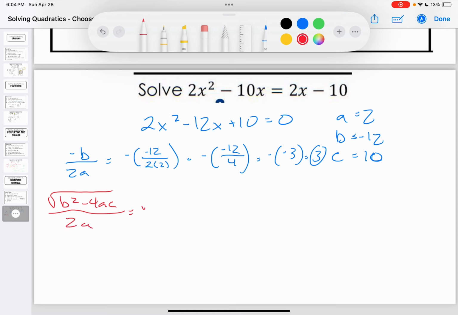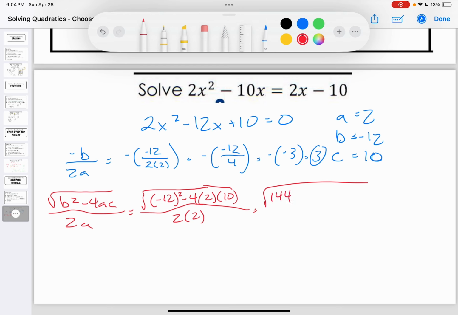Start to substitute in our values. B is negative 12, minus 4 times a, which is 2, times c, which is 10, all over 2 times a, which is 2. Oh, I forgot to square that thing. Negative 12 squared. All right, let's square negative 12, which is 144. Again, a negative times a negative is always positive. Then I'm going to do this chunk here, which is negative 4 times 2 times 10.